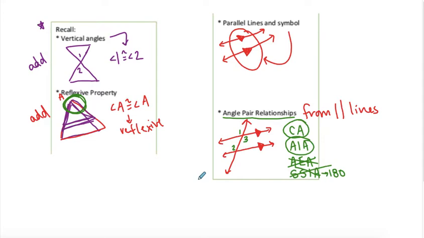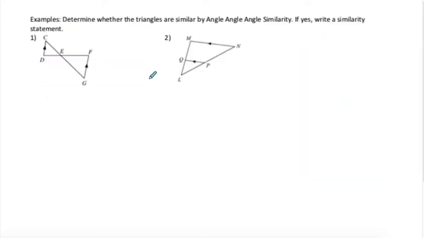We're going to see those as we move on looking at similarity here. If we look at the directions in this section, it says, determine whether the triangles are similar by angle, angle, angle similarity. So we're looking for one, two, and really two leads us to the third congruent set of angles. If yes, write a similarity statement.